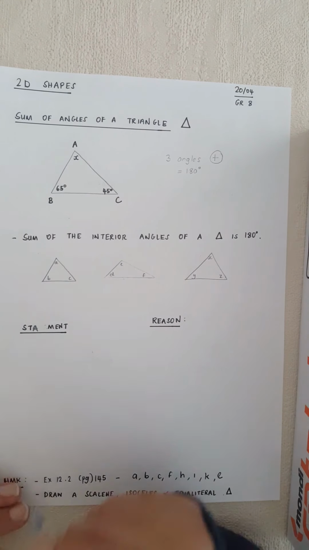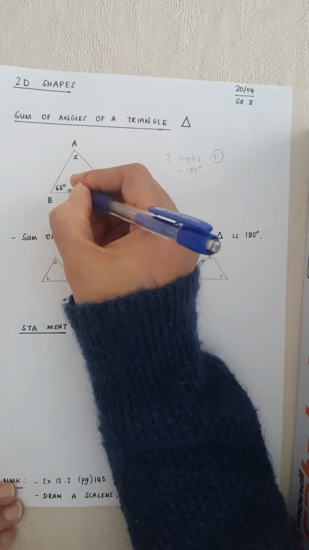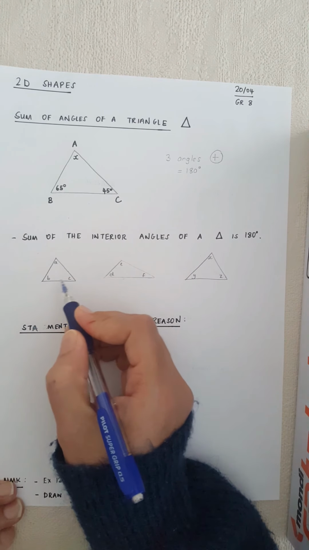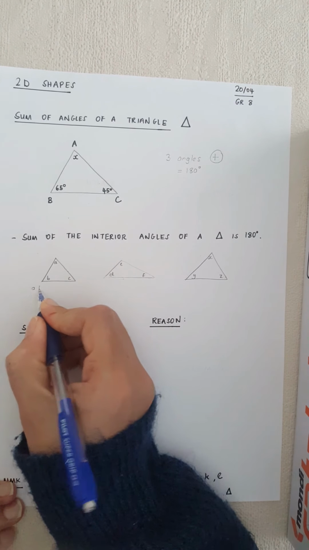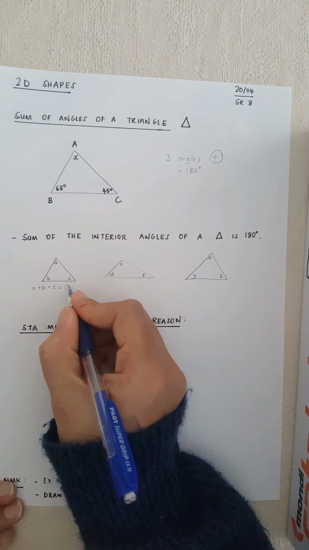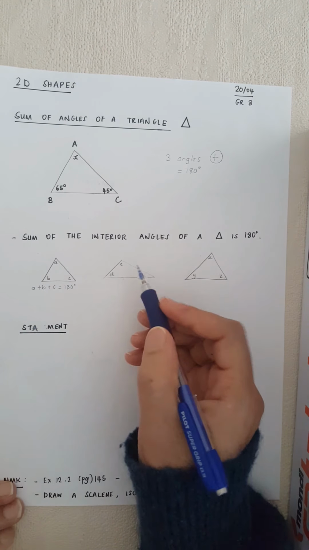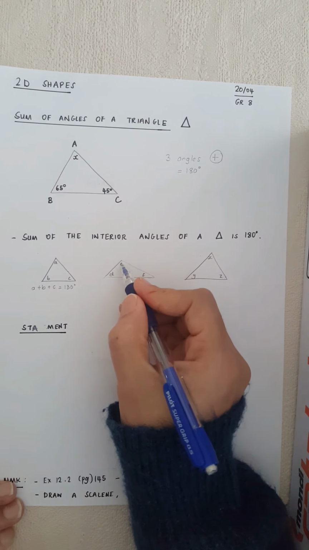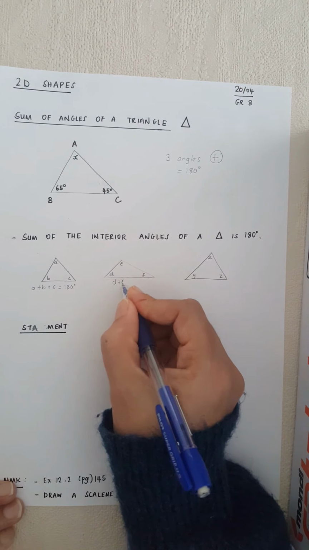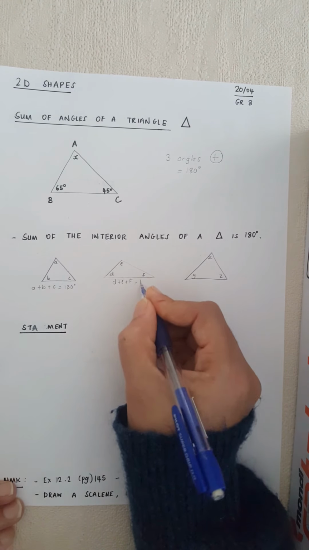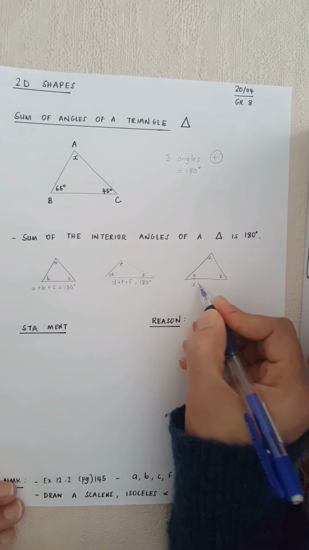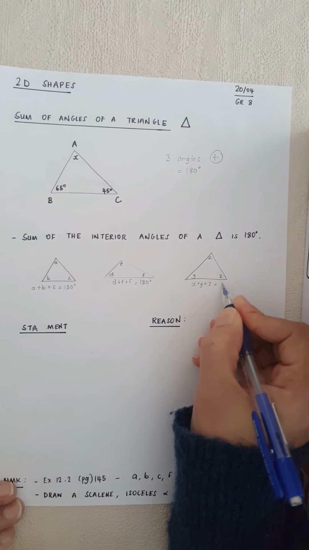So what it's telling me is, let's look at these small examples here. If I add A plus B plus C, right? A plus B plus C, what is it going to be equal to? 180 degrees. Okay, if I add in this triangle D plus E plus F, it's going to be 180 degrees. If I add X plus Y plus Z, how much is it going to be equal to? 180 degrees.